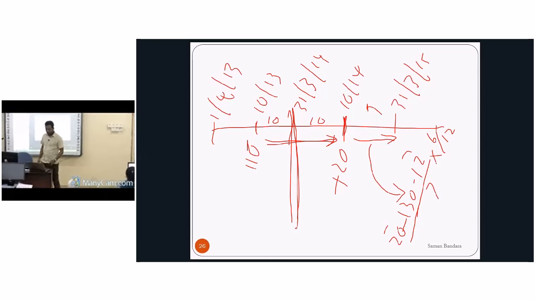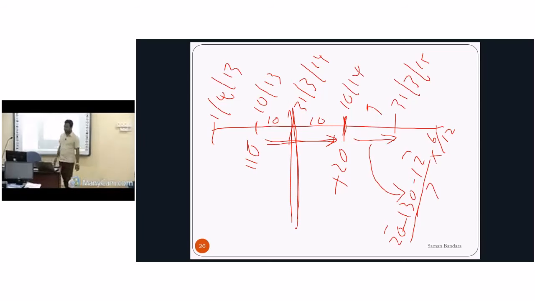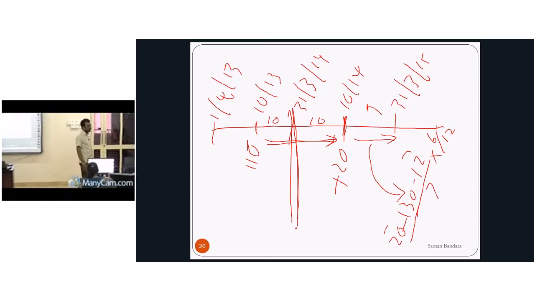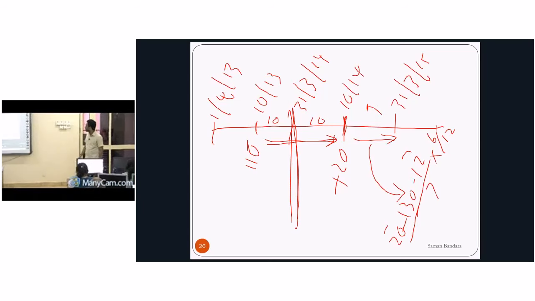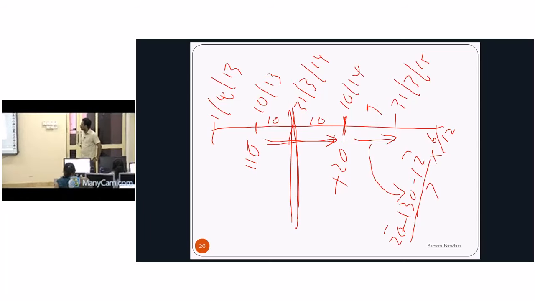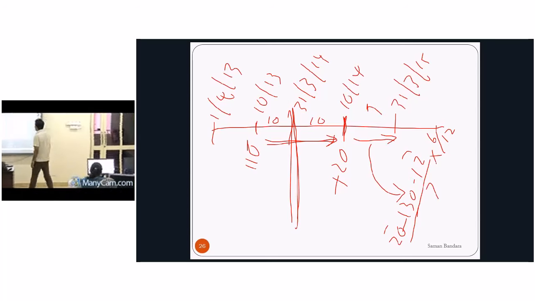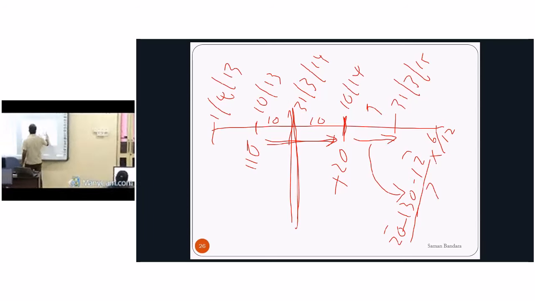Then total depreciation for the period will be how much? (130 minus 20 minus 12) divided by 7 into 0.5 means 7. Total depreciation for the year will be 17. Now what is my carrying value on this date?